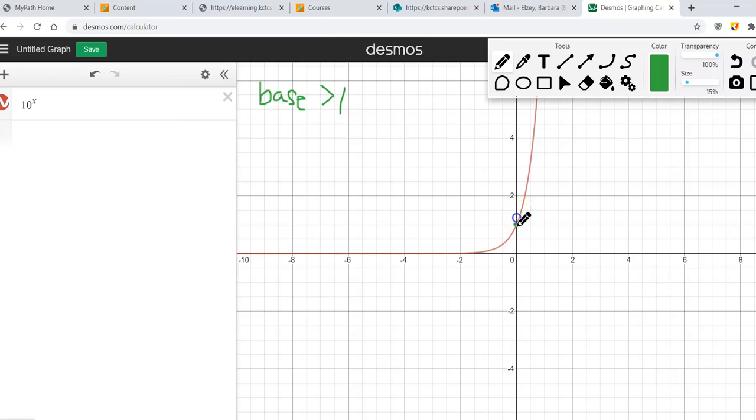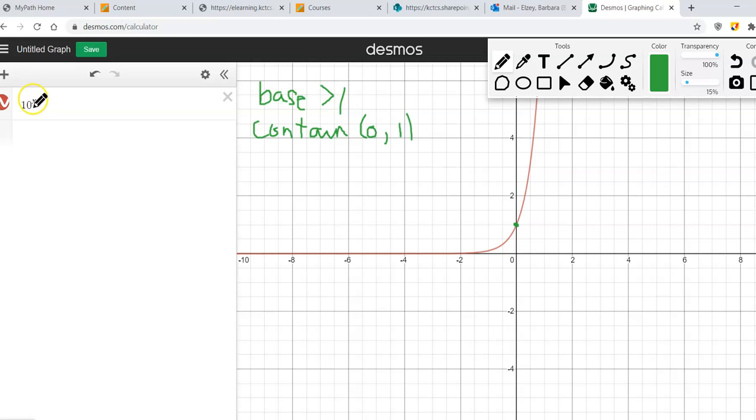I want you to notice this point. No matter which base I used, that point remained the same. So they all contain the point 0, 1. All of them do. And we'll find that's true when the base is less than 1 too. All right, so they contain 0, 1.